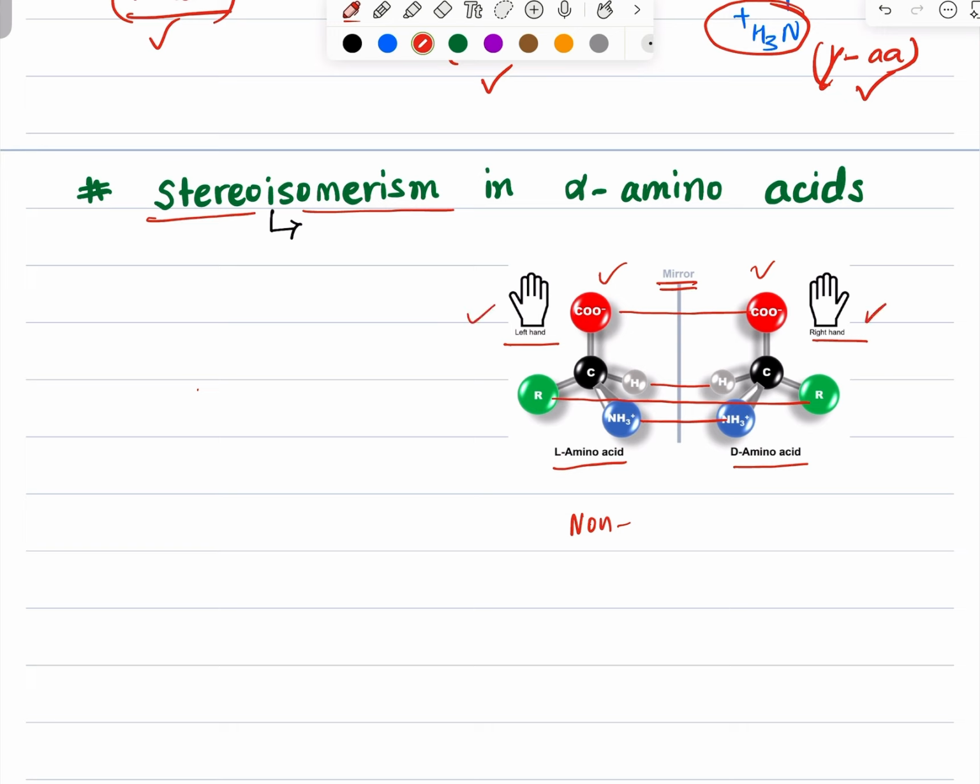So these are non-superimposable mirror images.